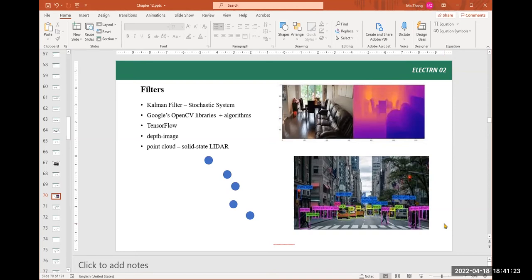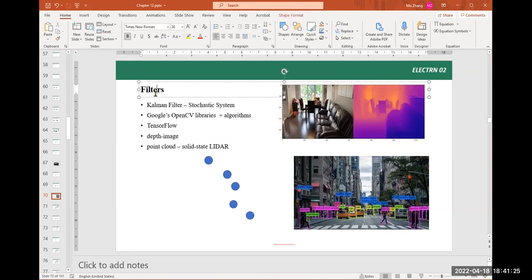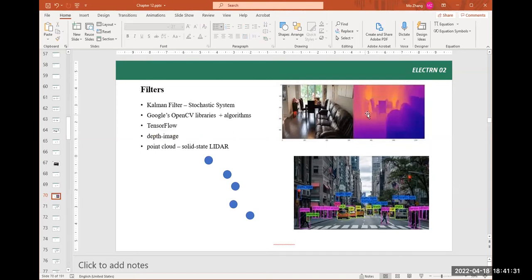And then another feature related to filters, which is related to capacitors, is the depth image. So here is a depth image. As you can see, there are a few chairs, sofa, windows, curtains, floors.